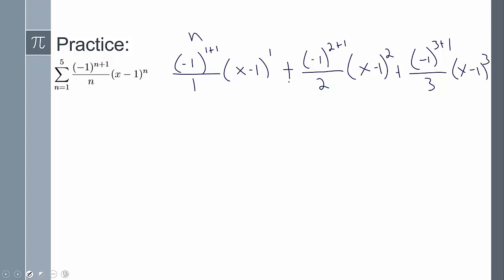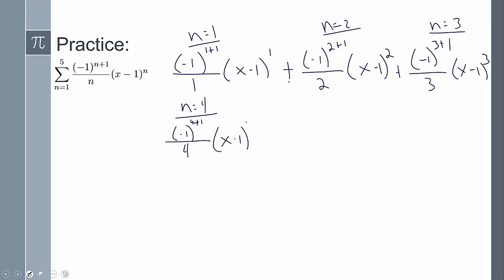Sometimes it helps to write in what your terms are above it, and it helps you keep track a little bit. So then n equals 4. That's going to be -1 to the 4 plus 1 over 4 times x minus 1 to the fourth.